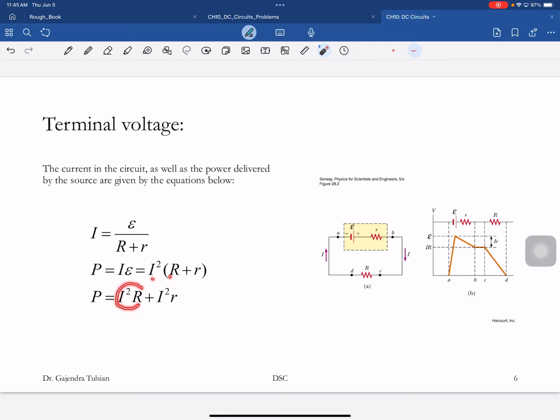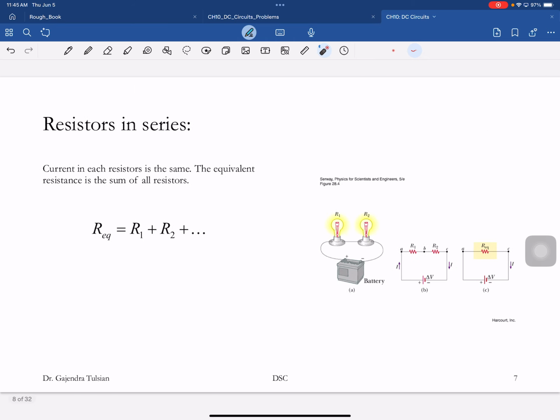What is this first term? The current squared times the resistance of the oven. That's the power delivered to your oven. That's what's cooking your pizza. What is this other term? The internal resistance. So that's being wasted as heat inside the battery.